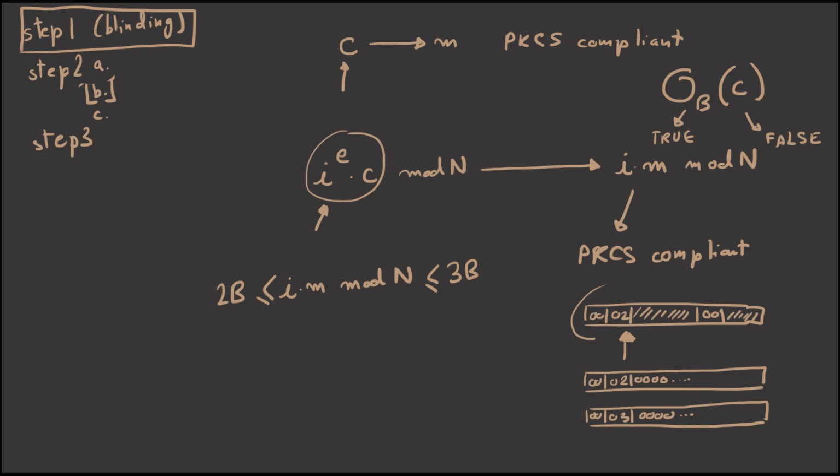I'm using b because this is what the Bleichenbacher paper used, but b is a 0 byte here, then 0, 1 here, and a bunch of 0s. So 2b is basically this thing and 3b is basically this thing. This is the upper bound and the lower bound of our message.